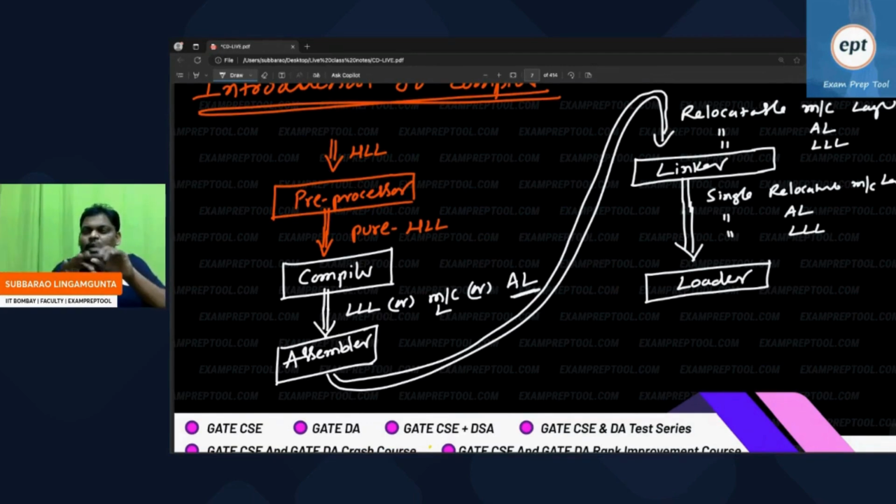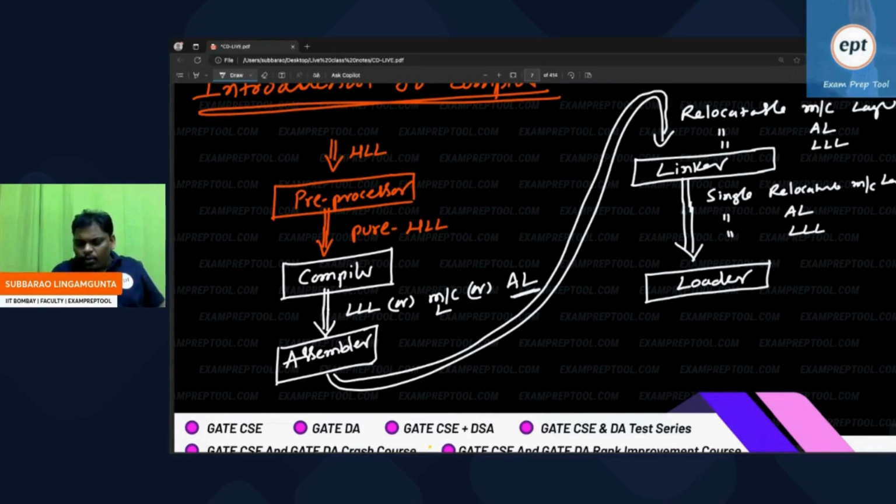You are typing a program, it is there in the hard disk. You are saving a program, it is there in the hard disk. You open a file, program is there in the hard disk. Typing time also, saving time also, every time program is there in the hard disk.